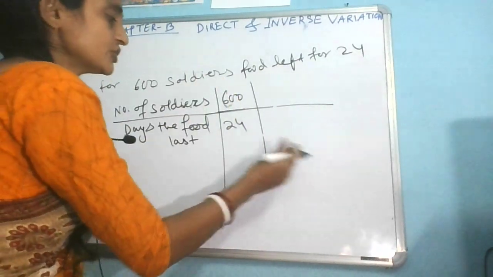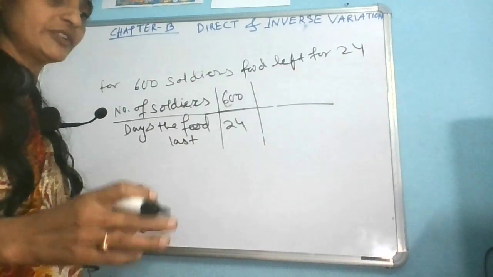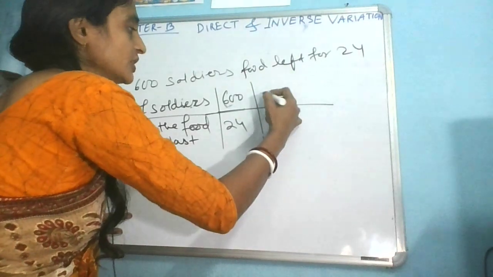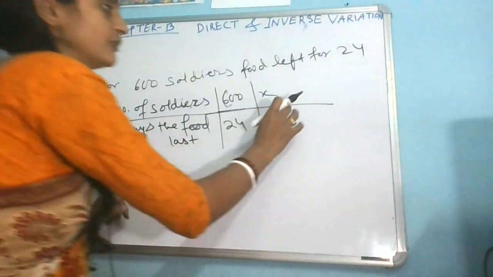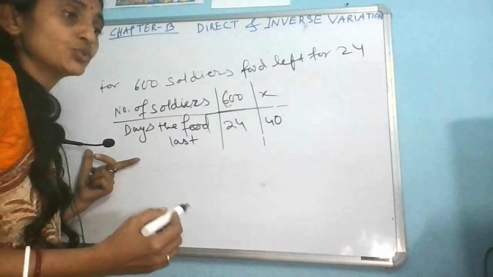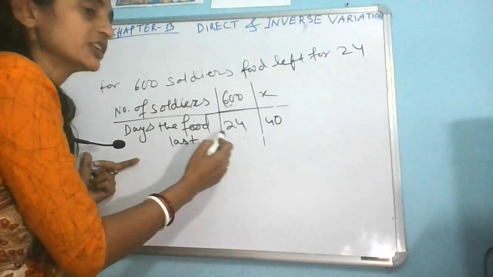But in the next situation, you have noticed that whatever food has been left can last for another 40 days. But how many soldiers will be there was not given. We have to find this out. So what we have understood is, if the number of soldiers increases, the days the food will last decrease.